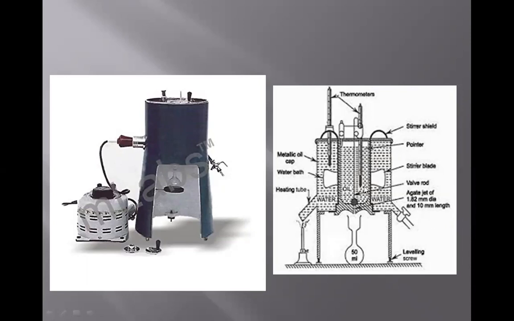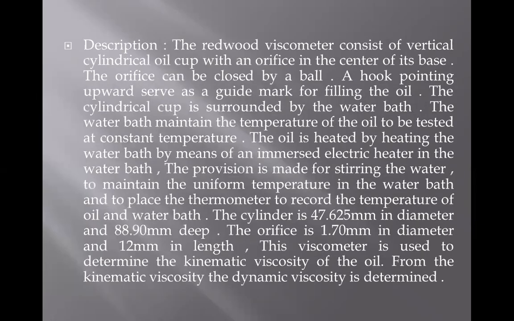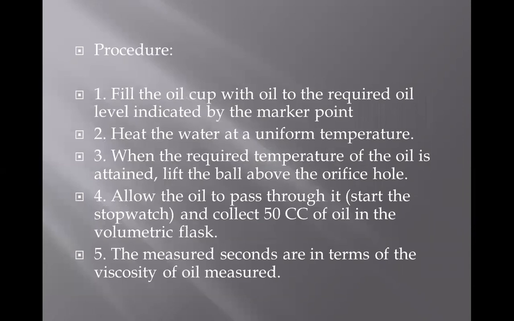What we have to do is heat the oil, and at regular intervals we have to measure the temperature, and for the corresponding temperature we must start the oil to flow through the orifice, and the time for the 50 ml oil collection is to be recorded to measure the Redwood seconds. Now let us see the procedure.